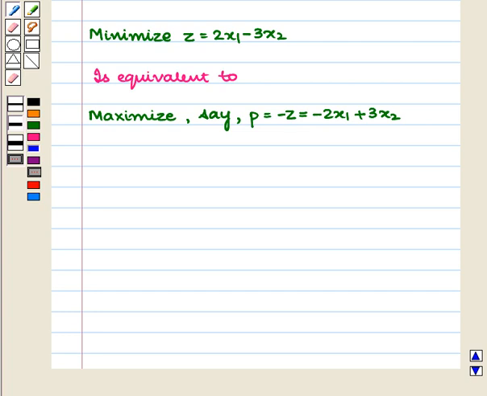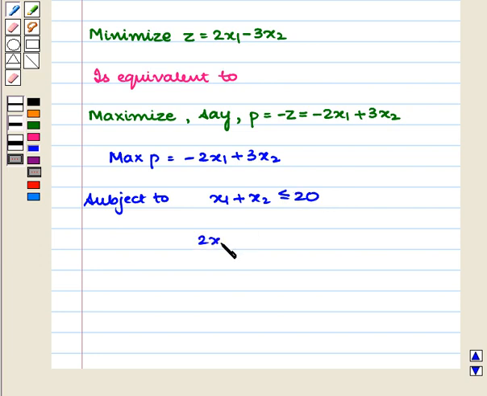Or we have converted the given minimization problem to maximize p equal to minus 2x1 plus 3x2 subject to x1 plus x2 less than equal to 20, 2x1 plus x2 is less than equal to 70, which is a standard maximization problem, and it will be solved as we discussed in our earlier session.